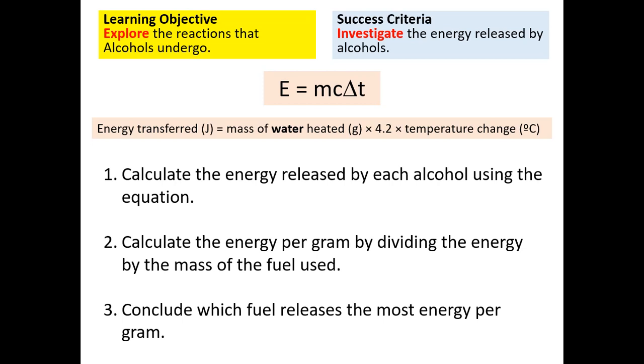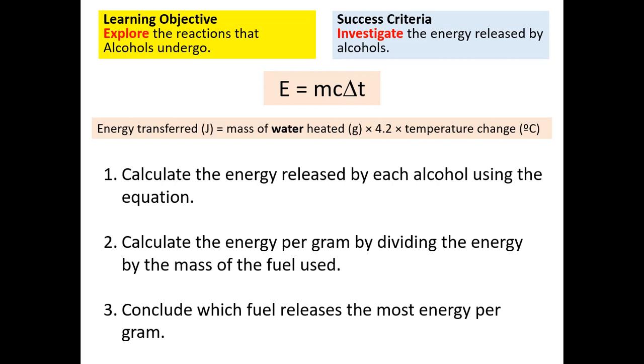So you might want to go back to that table if you've not copied it down. You get your answer from number 1 and you divide it by the mass of the fuel burnt, because that way, if we work out the energy per gram, we can compare the fuels a lot more easily. Because like I said, if we were just to say, oh, that one's released more energy, but they'd all used a different amount, it wouldn't make any sense, because one of them might have released more energy purely because more fuel was burned.